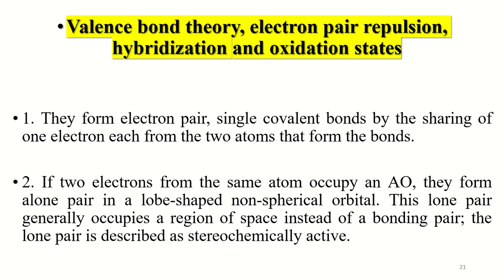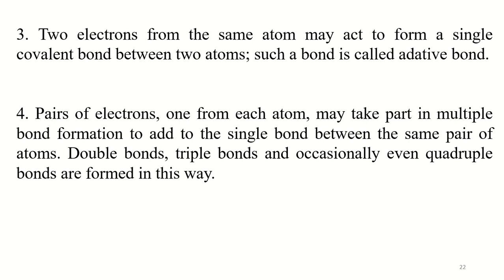This lone pair generally occupies a region of space. Instead of a bonding pair, the lone pair is described as stereochemically active. The third one is two electrons from the same atom may act to form a single covalent bond between two atoms; such a bond is called a dative bond.